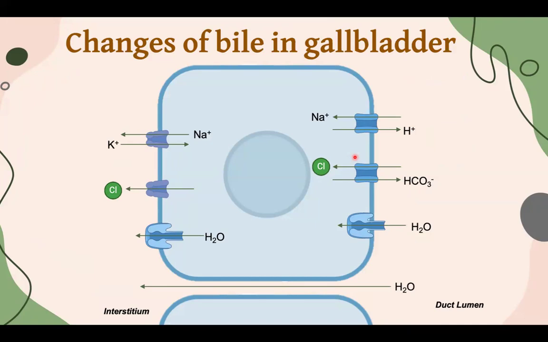This is why cholangiocytes make bile more alkaline. The gallbladder, when it stores bile, temporarily makes it more acidic. But eventually, when it gets released into the intestine, it combines with pancreatic secretions that make it more alkaline and neutralize the chyme.